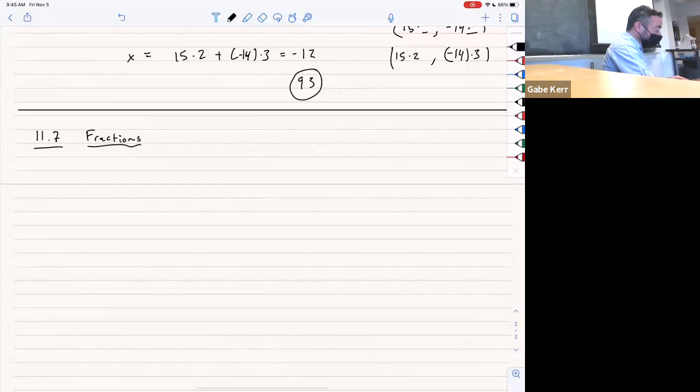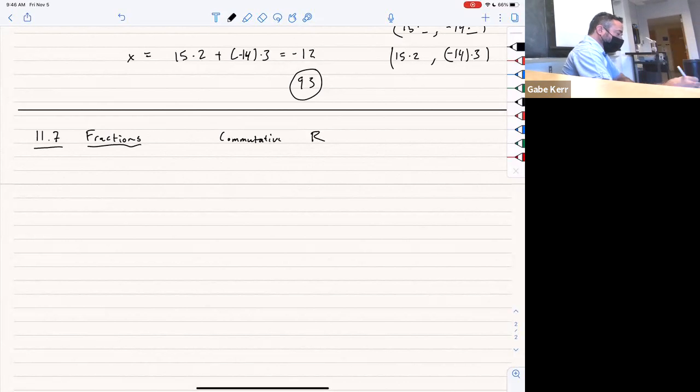Okay, so fractions are quite complicated though. There's two different things. One is fractions in the context of commutative rings. That's not hard. I'll just mention this. Everything is commutative here for us. Commutative R, not hard.